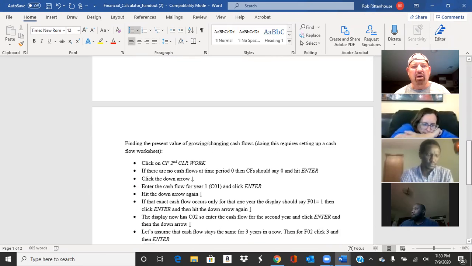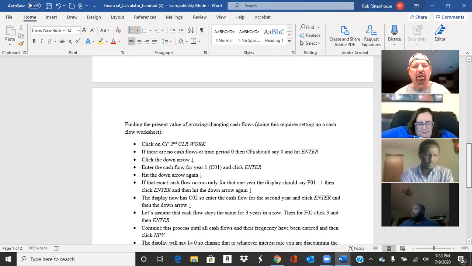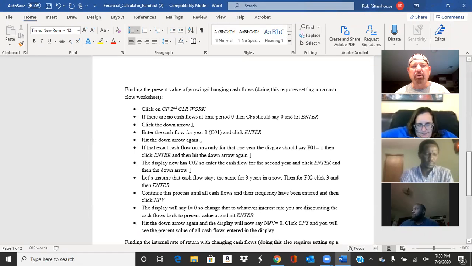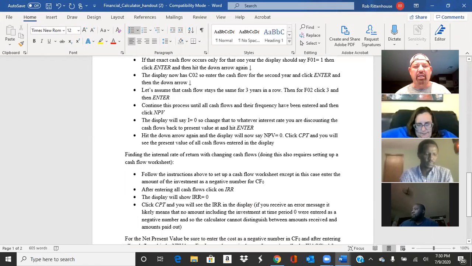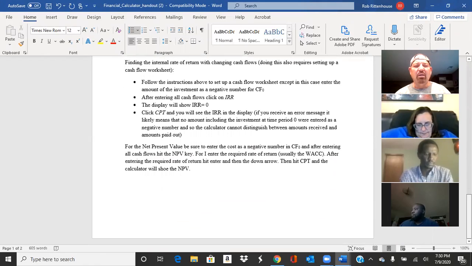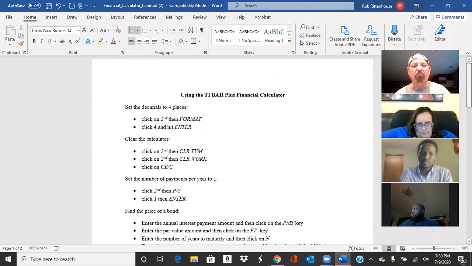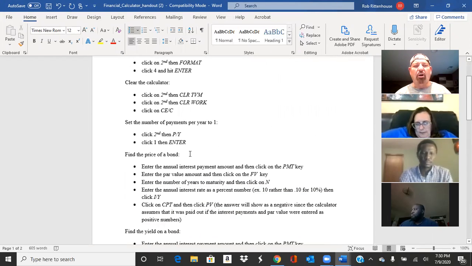Finding the yield on a bond, that's chapter 10. Finding the present value of growing or changing cash flows, that's also all chapter 10 stuff. Internal rate of return, net present value. All of those other things on the calculator handout are for chapter 10. And we're not done with chapter 9 yet.